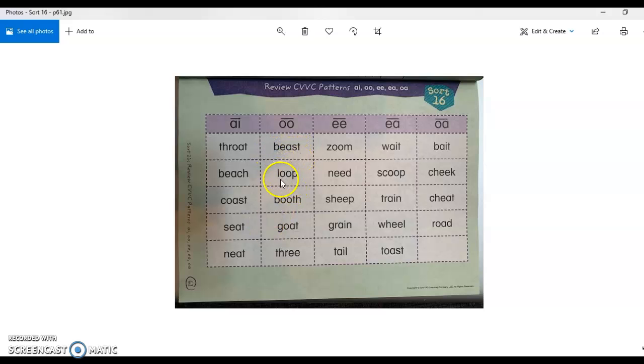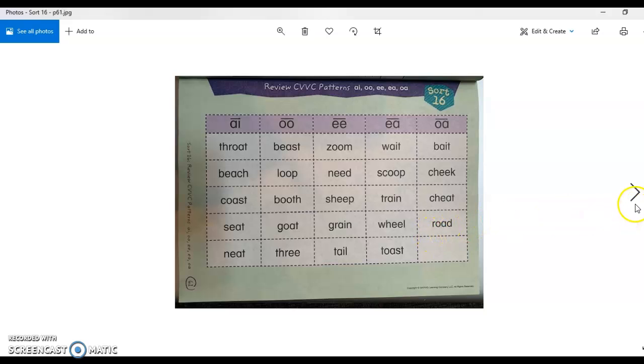beast, loop, booth, goat, three, zoom, knee, sheep, grain, tail, weight, scoop, train, wheel, toast, bait, cheek, cheat, and road.